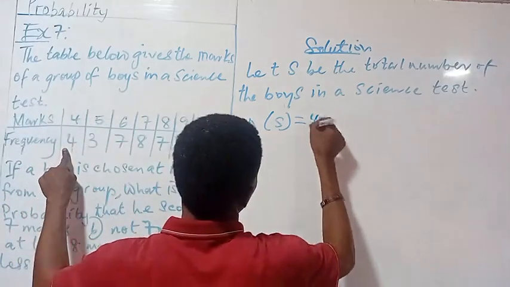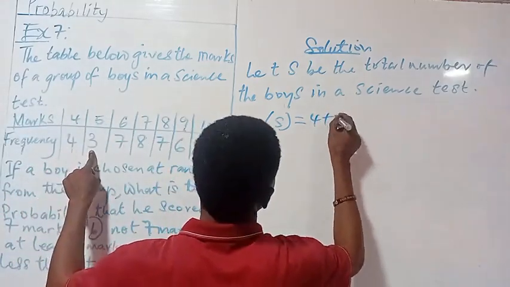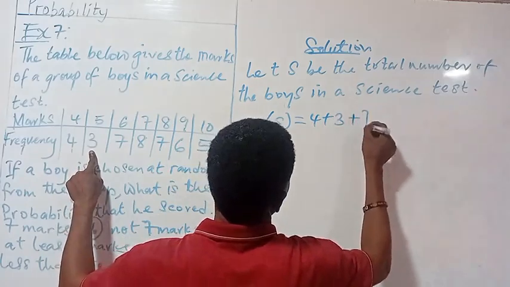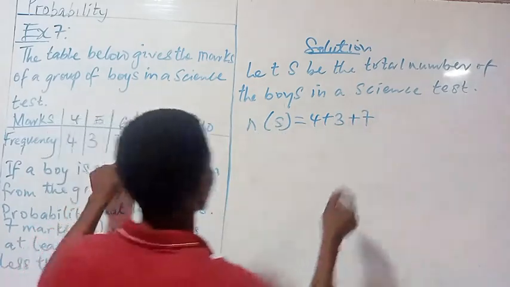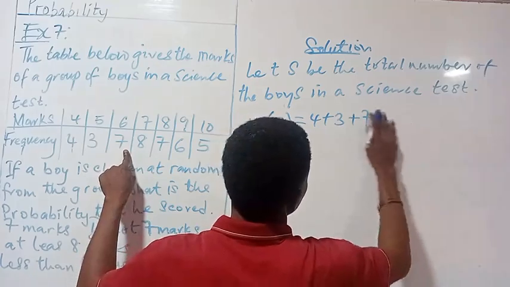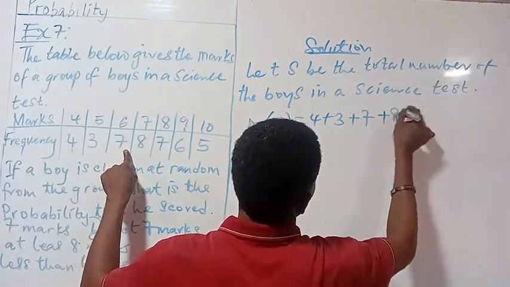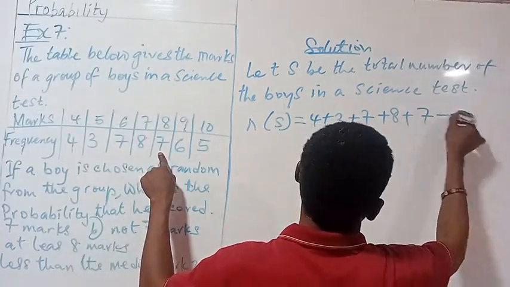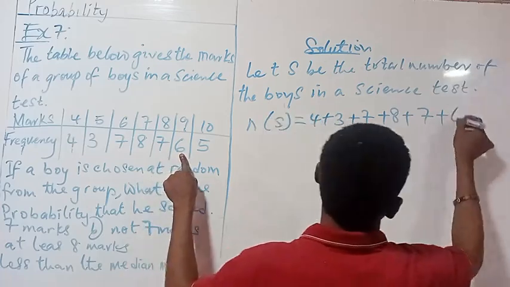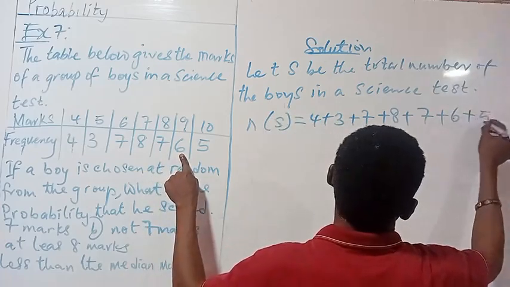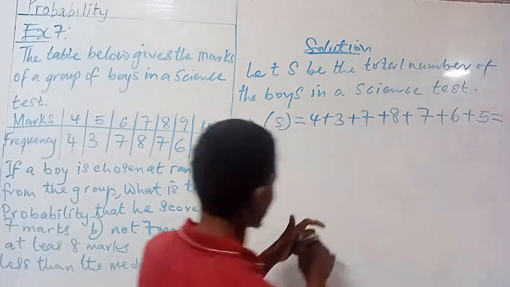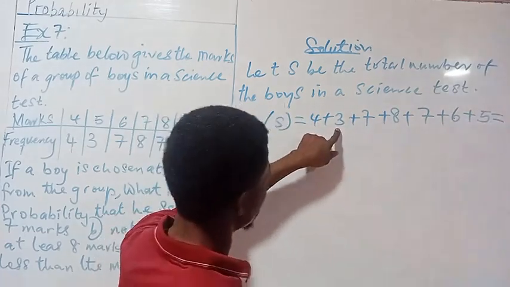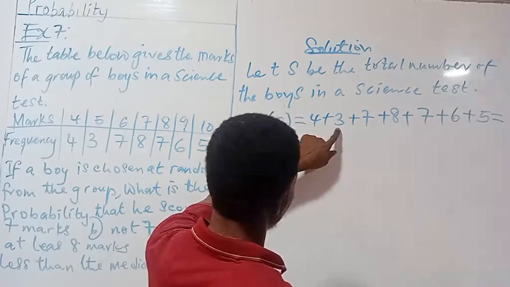We have 4 plus 3 plus 7 plus 8 plus 7 plus 6 and plus 5. So what do we have? 4 plus 3, that is 7.